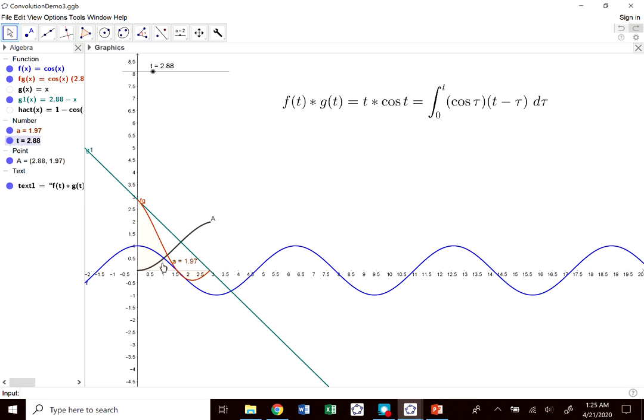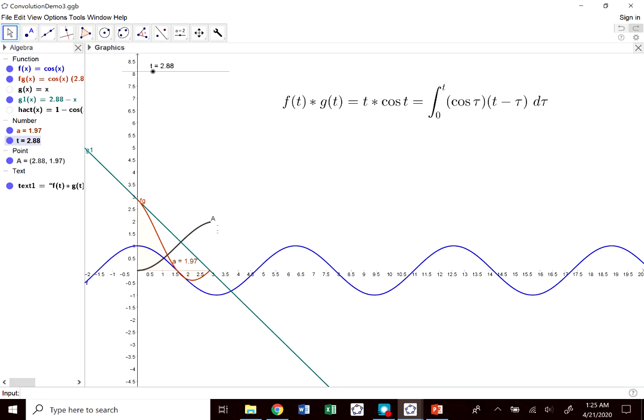And we need to compute the area under that graph. And the area under the graph is what you're seeing as a equals 1.97. So this black curve that you are seeing is the convolution's value. It's being computed at different times: t equal to 0, 0.1, 0.2, 0.3, and so on.